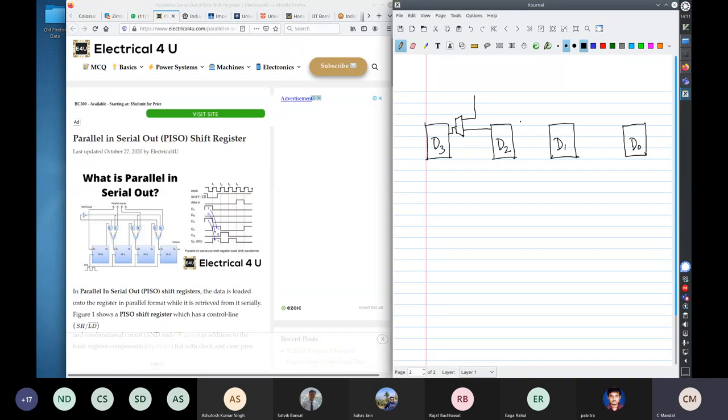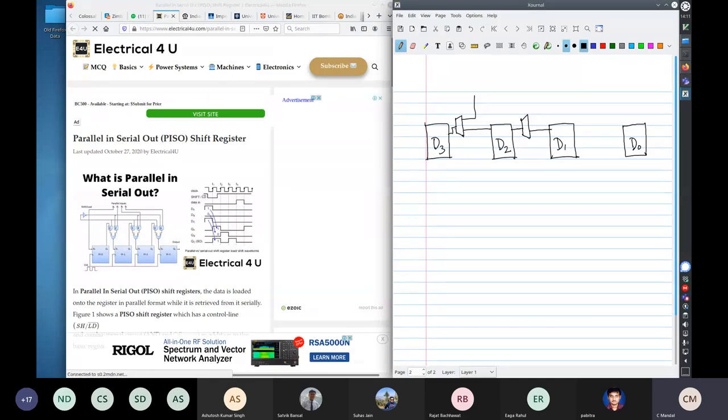So everywhere you have a multiplexer. Now you have y0, y1, y2, y3, and here you have the input x.